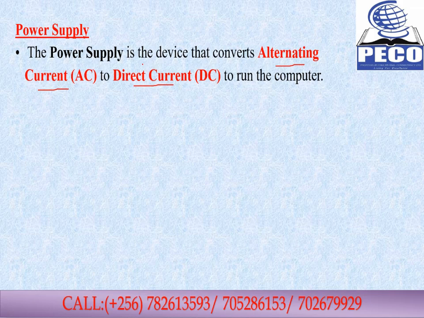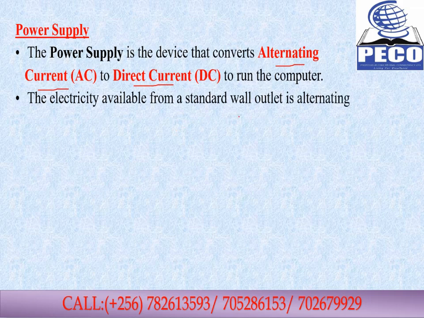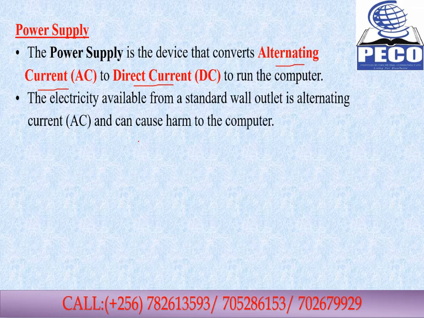The power supply has to be used to make that power sustainable by the computer. So the electricity available from a standard wall outlet is alternating current and can cause harm to the computer. That's why we have the power supply, whose work is to supply power in a direct current form.